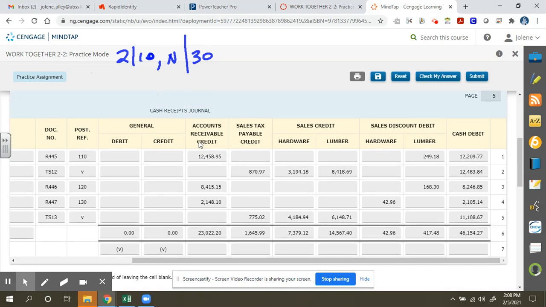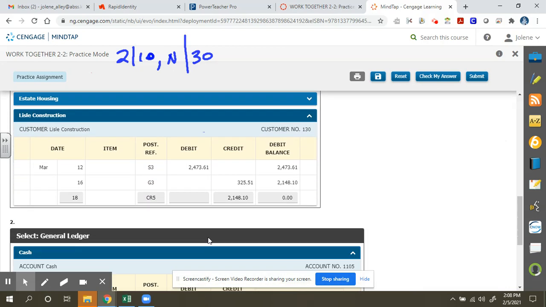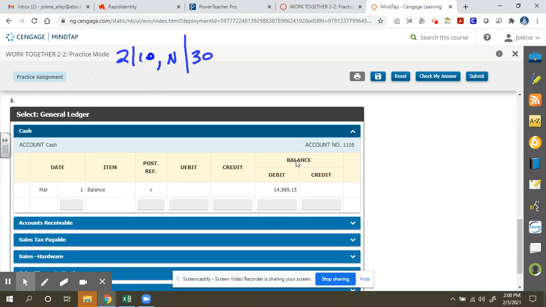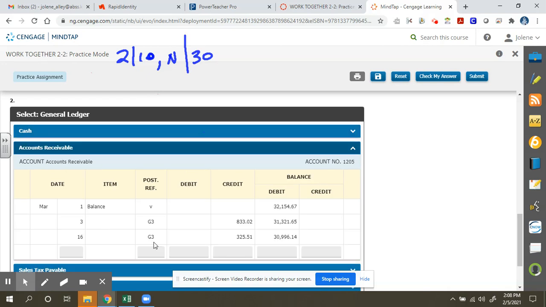So the first one we have is accounts receivable credit. And that total, accounts receivable credit, 23,022.20. And we come down here, we're going to close that up. And this is accounts receivable.